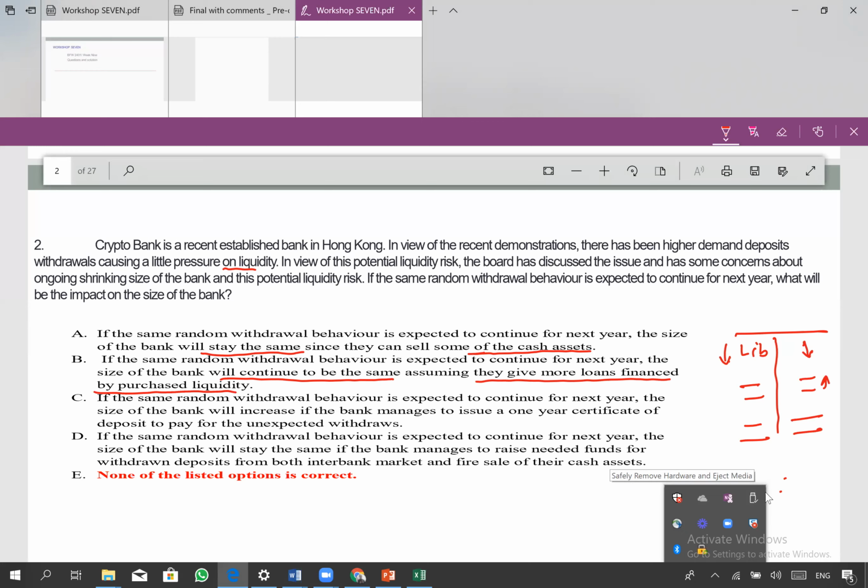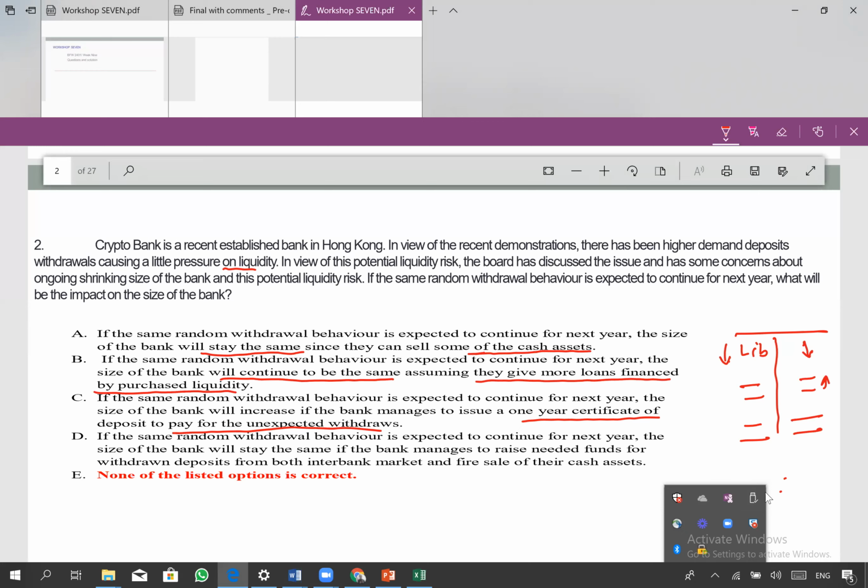Number three, if the same random withdrawal behavior is expected to continue for next year, the size of the bank will increase if the bank manages to issue a 1-year certificate of deposits to pay for the unexpected withdrawals.